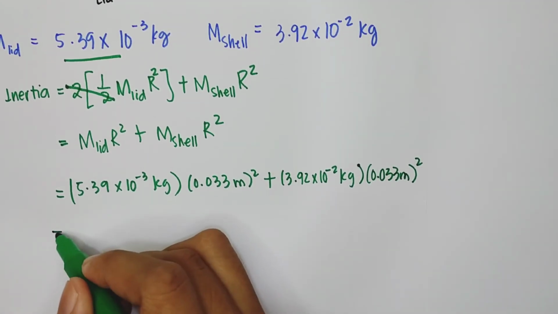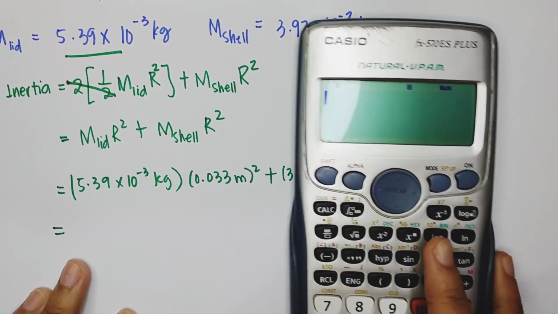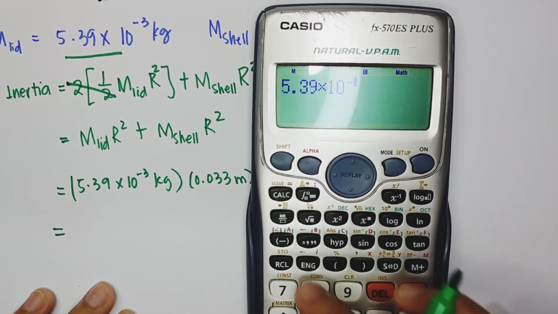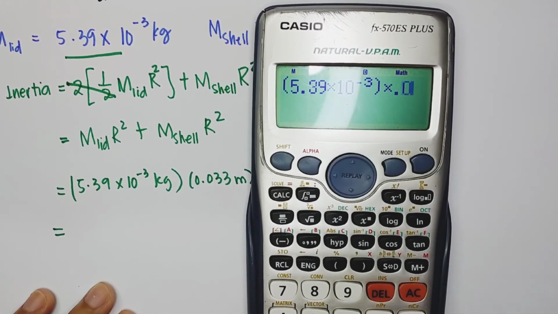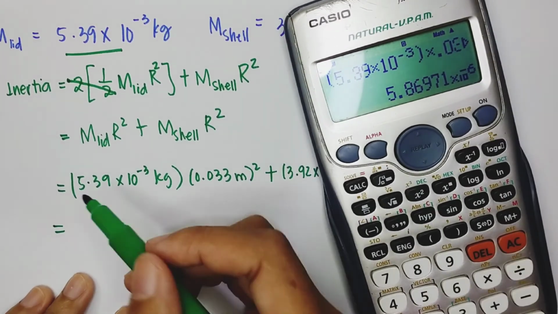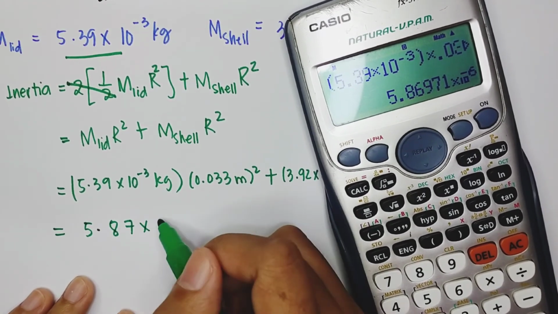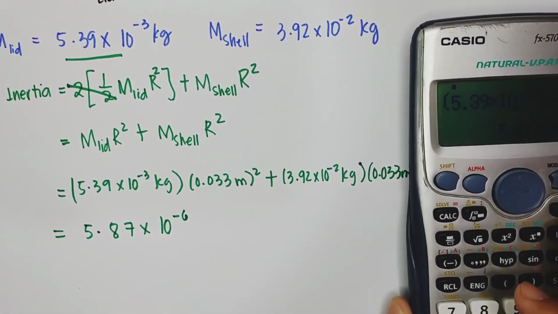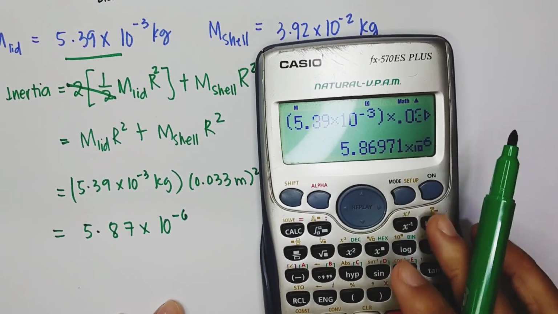Let's solve term by term. 5.39 times 10 to the negative 3 times 0.033 squared is equal to 5.87 times 10 to the negative 6, rounded off to two decimal places.